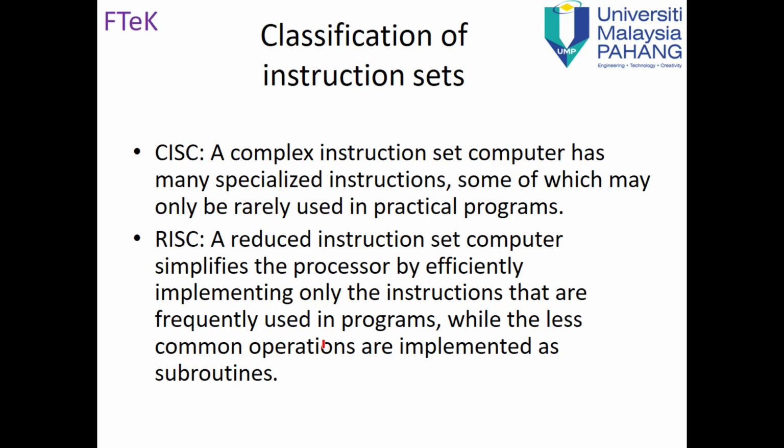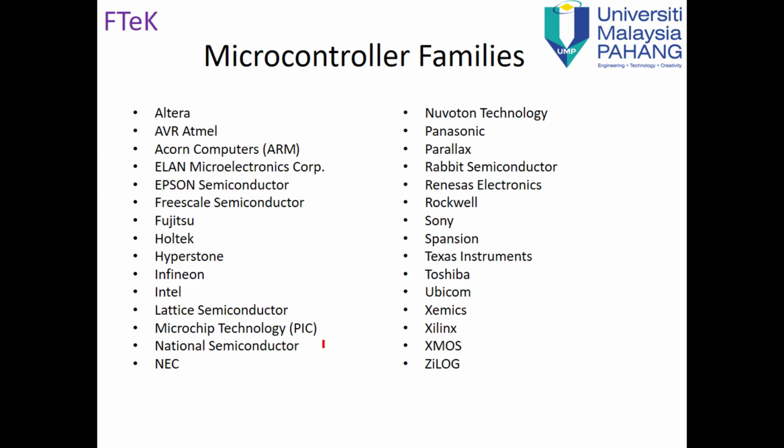It simplifies the processor by efficiently implementing only the instructions that are frequently used in programs, while the less common operations are implemented as subroutines. These two concepts are available in different microcontrollers.